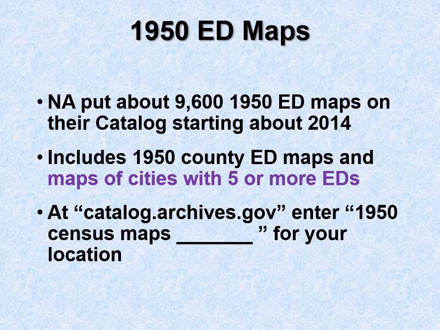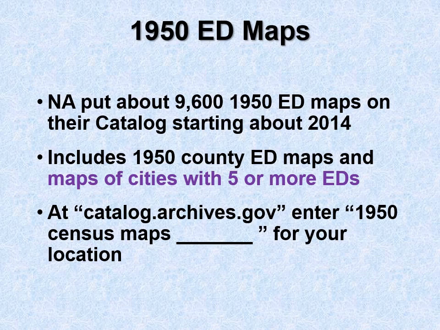However, this is my take on ED maps. I've had a lot of experience with the 1950 maps. The National Archives put about 9,600 of these ED maps in their catalog, and they started putting them on about 2014. They announced it a number of years later.